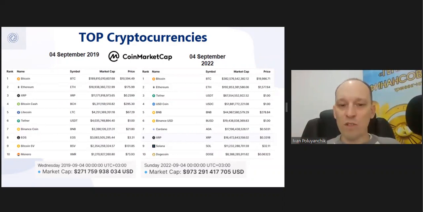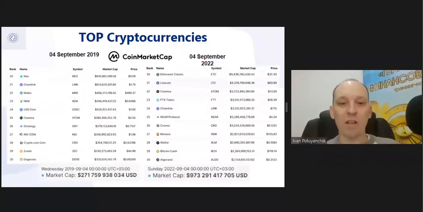And in 2019, nobody heard about such tokens as Solana, or nobody heard about Cardano, ADA. Well, probably someone might have heard about it, but they could never have guessed the composition of the top 10 or top 30 in the next 3 years.